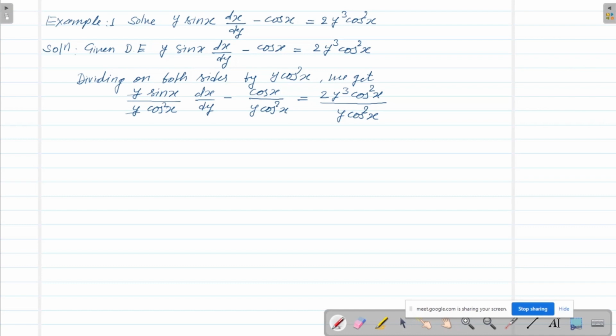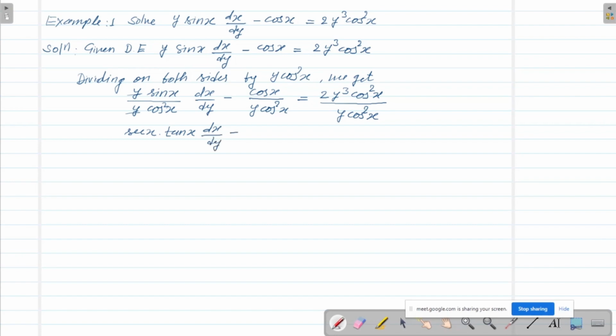Here on the denominator we will have 2 cos, okay, 2 times cos. So 1 upon cos is sec x, and sin upon cos is tan x, into dx by dy.